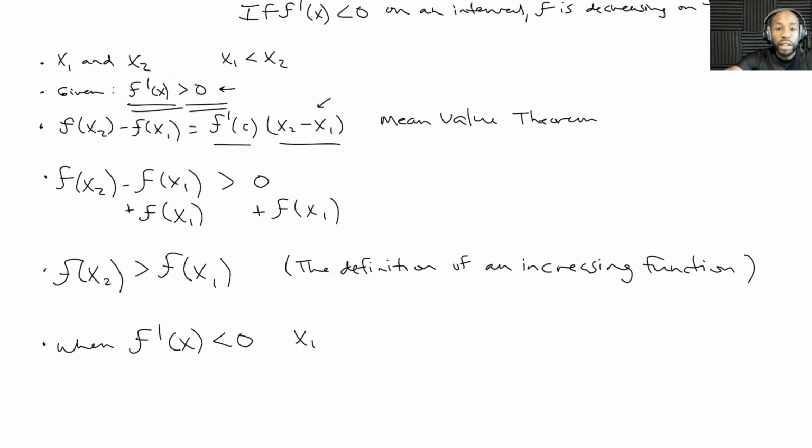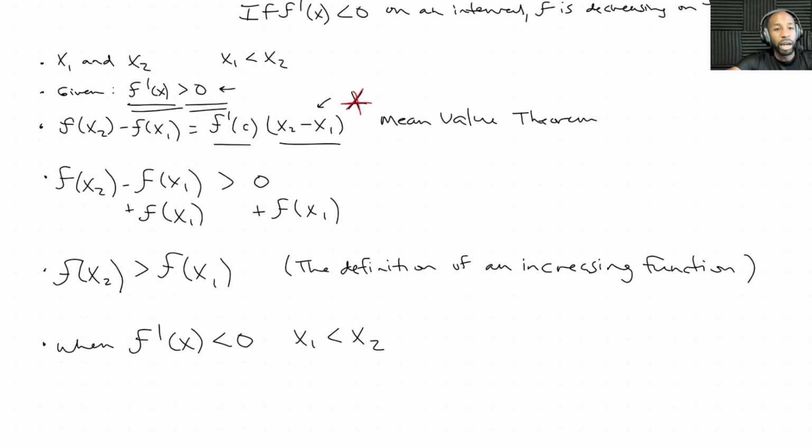But what happens is if you look at where we were at this stage right here, then this x2 minus x1 is still going to be positive. Then this is going to be negative. So what happens is x2 minus x1 is going to be less than zero.